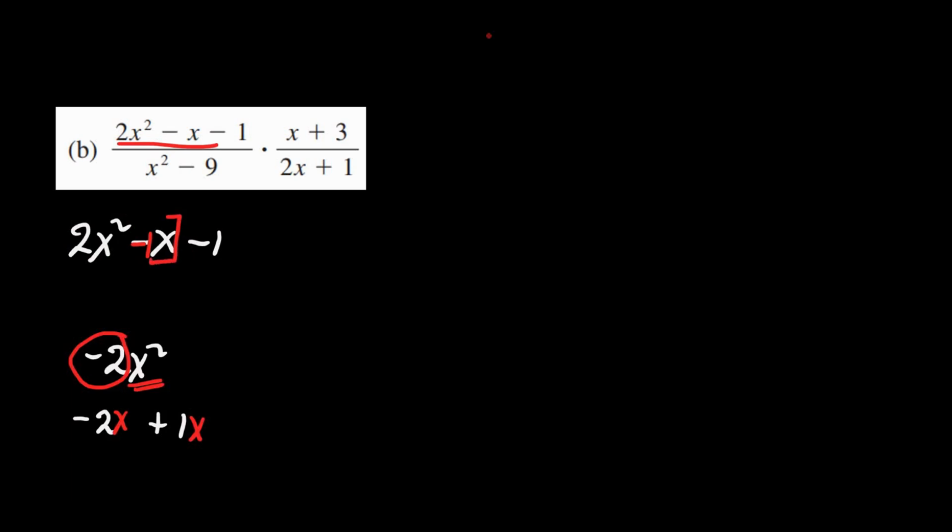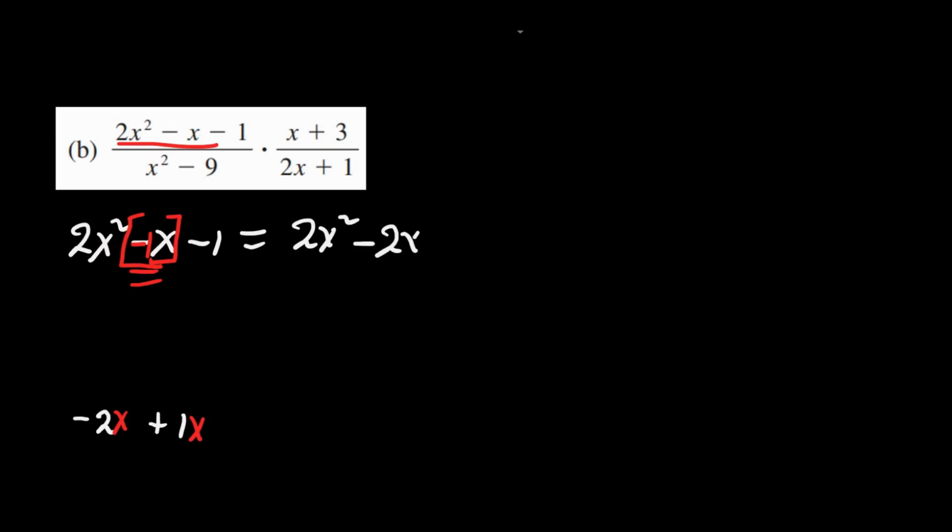So we are going to get rid of negative 1 from this spot and just place them in that position. So once that happens, automatically this will become 2x squared negative 2x plus 1x. 1x can be written as just x, negative 1.